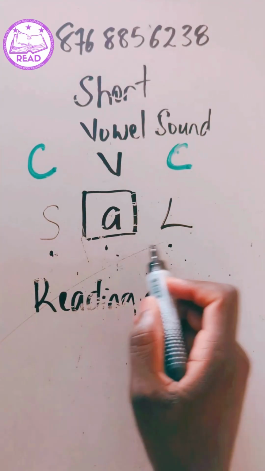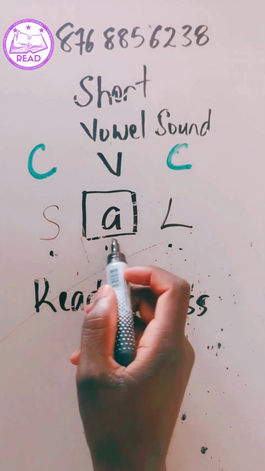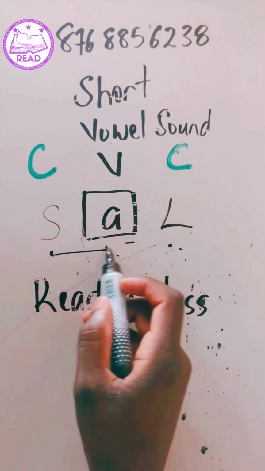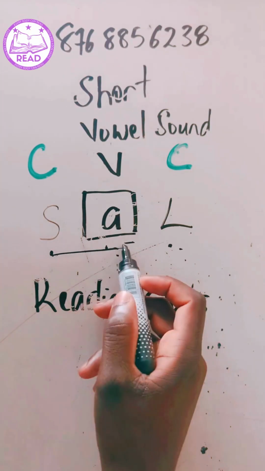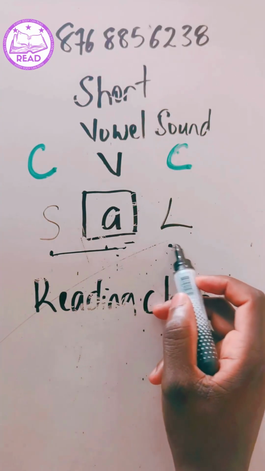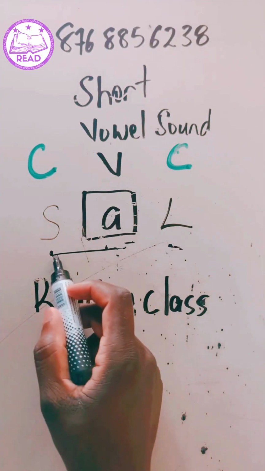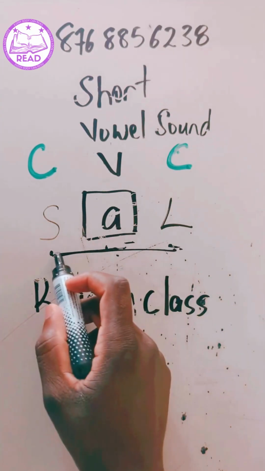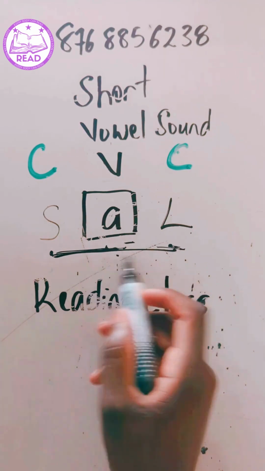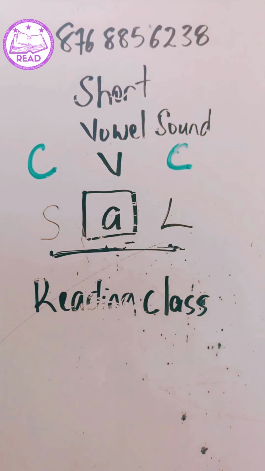S, a, l. When you put these two together, you get sa. Sa. What sound does this make? L. Sal. Sal.